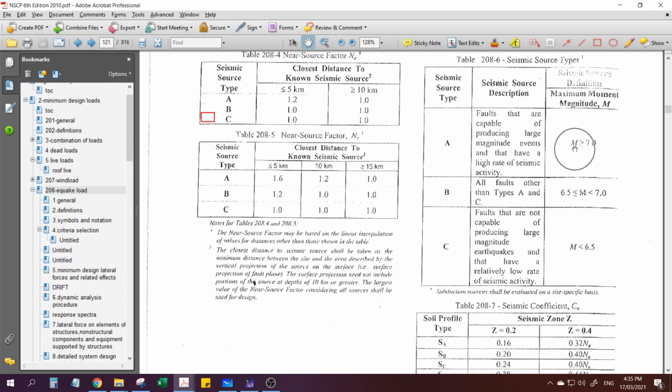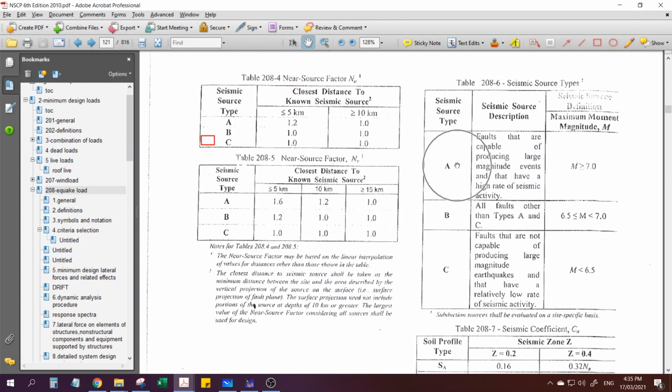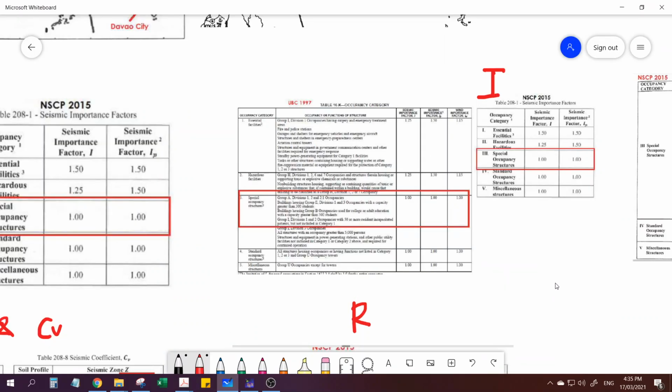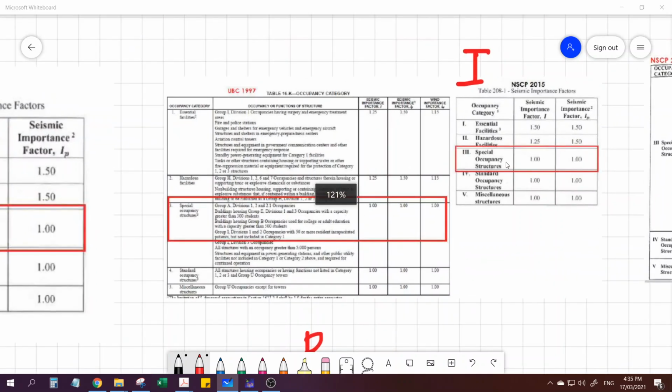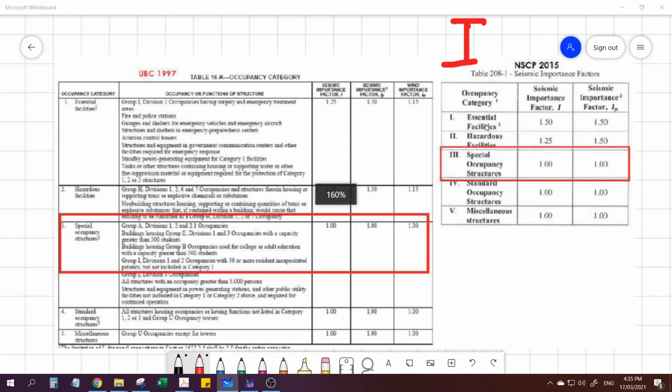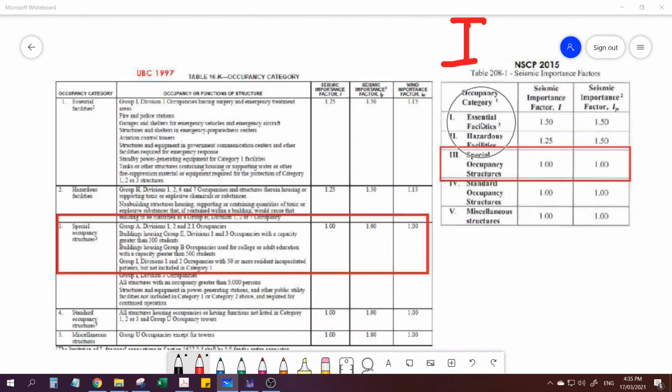It can generate about 7.2 magnitude. So that means we qualify as source type A. So 1.5 as importance factor, because we can qualify the school as an essential facility.